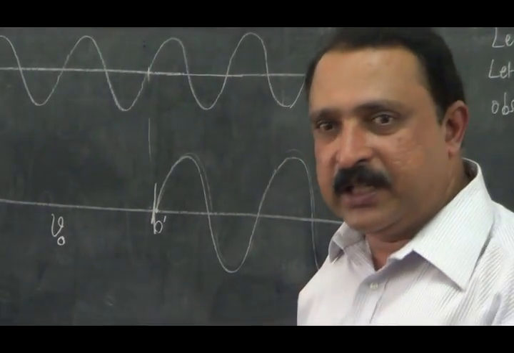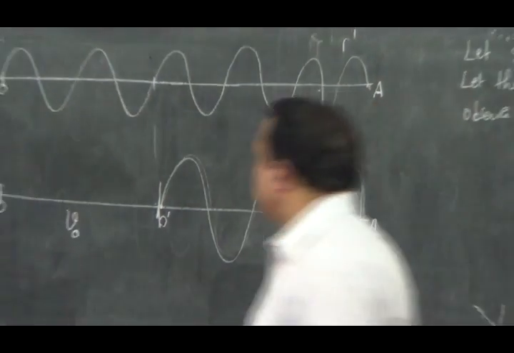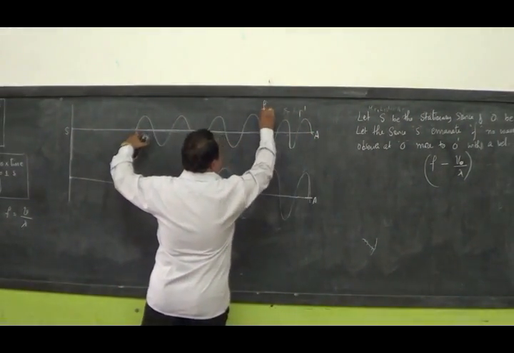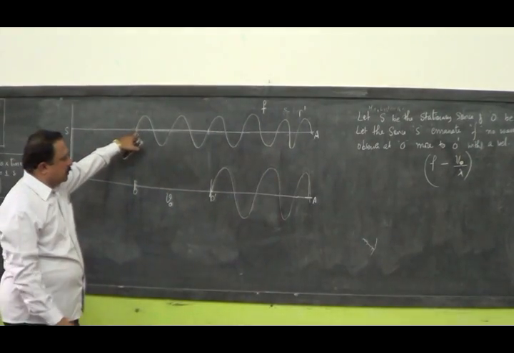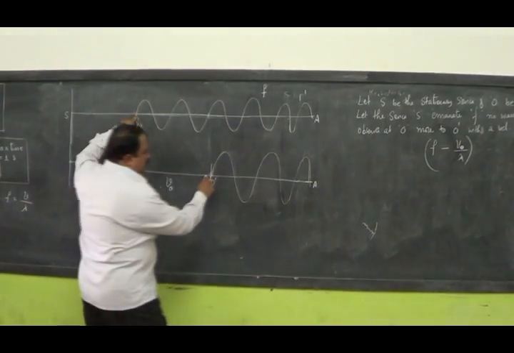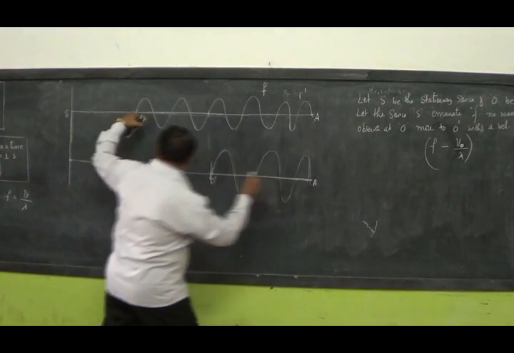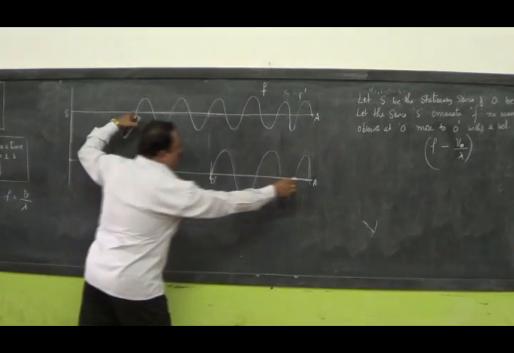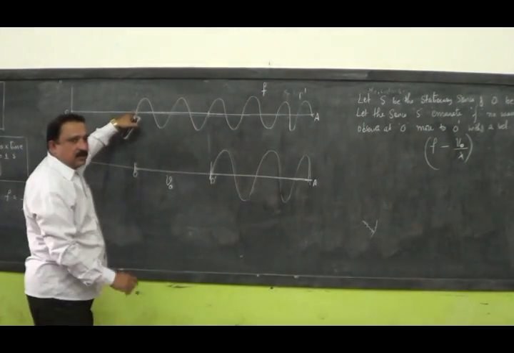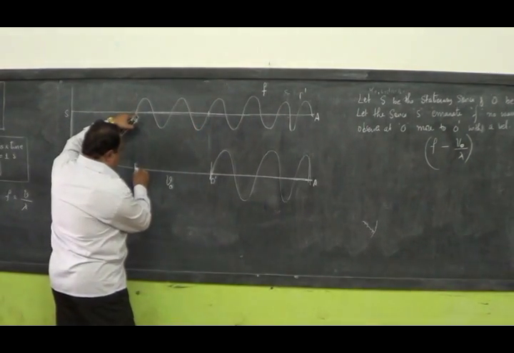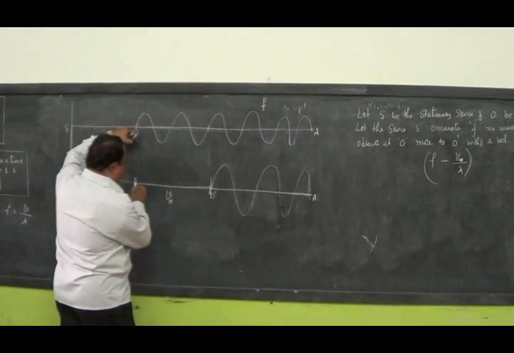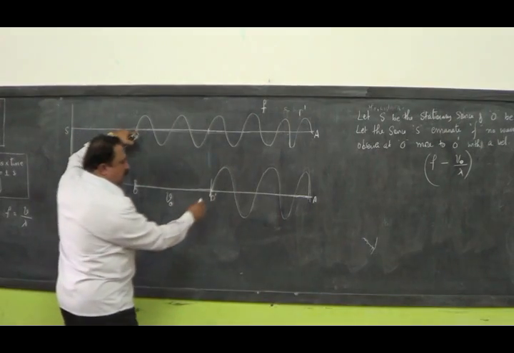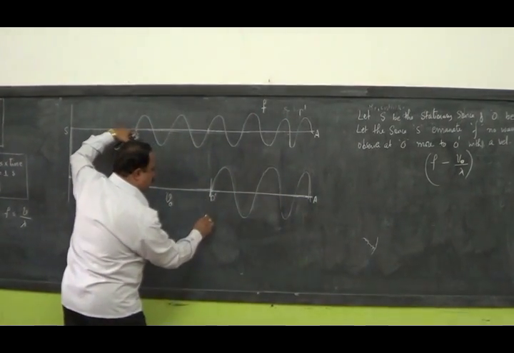Now I will explain what is this. What is the total wave from O to A? F. Now what is the base from here to here, O to A? O to A should be F. But the observer is not hearing the waves from O to O dash. That frequency he will not listen. So how much should he be left with?